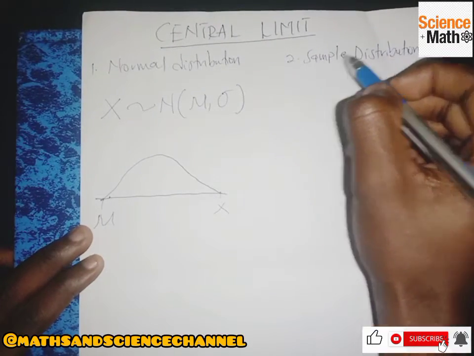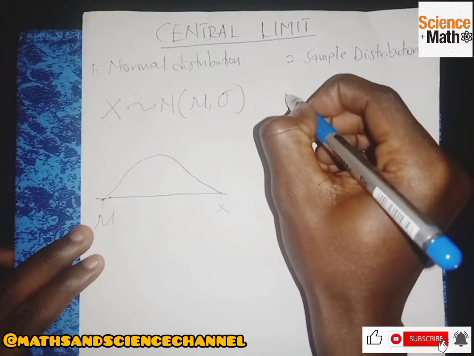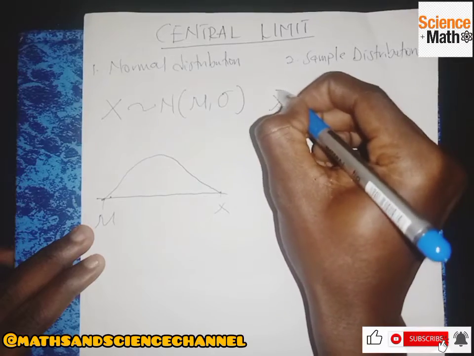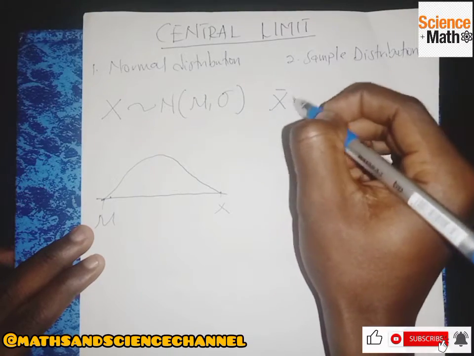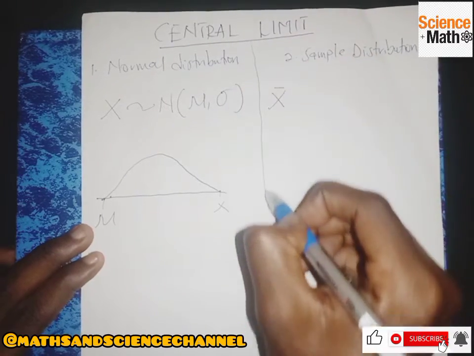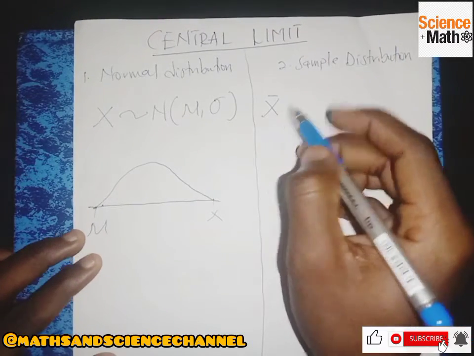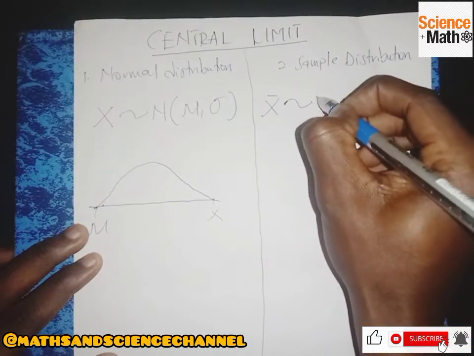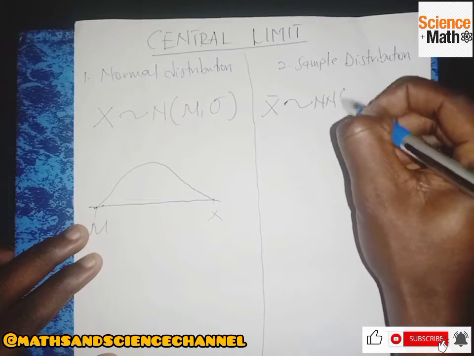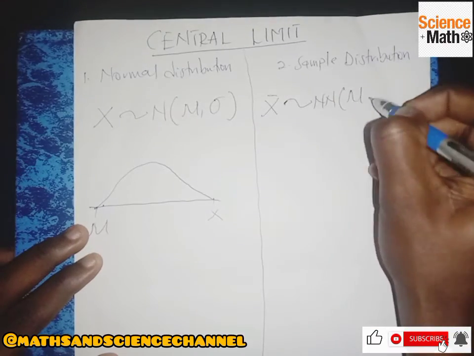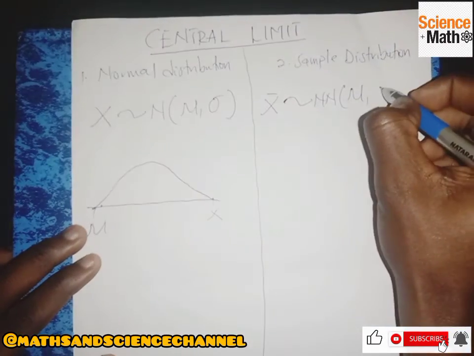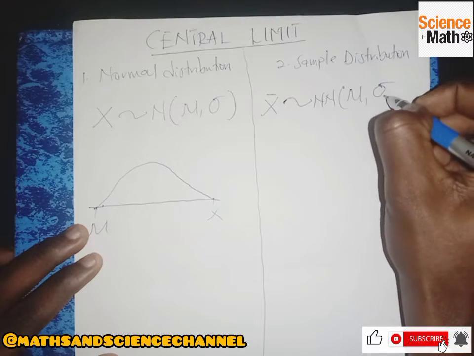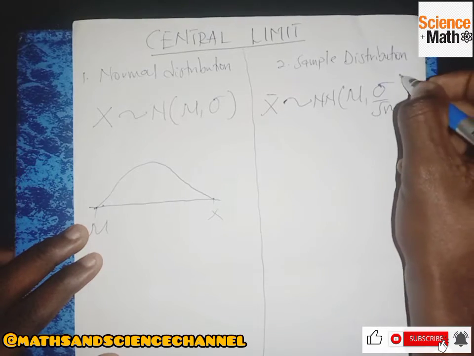Now in the case of the sample distribution, we use the sample mean. So over here, this is called the sample mean. Let's separate it. We have the sample mean approximating the normal distribution with mean equal to mu, and this time the standard deviation is divided by the square root of n.